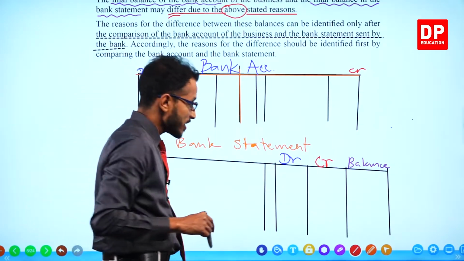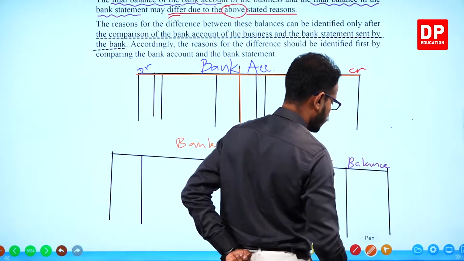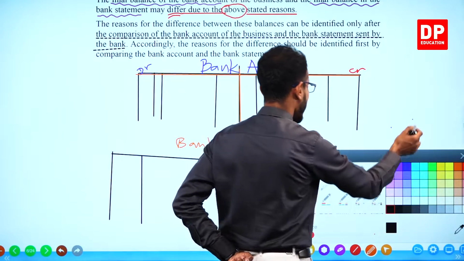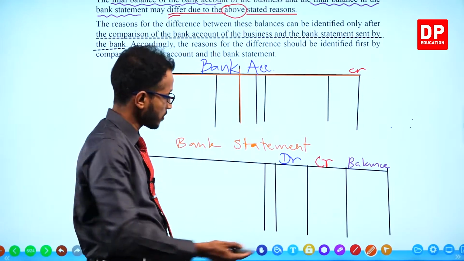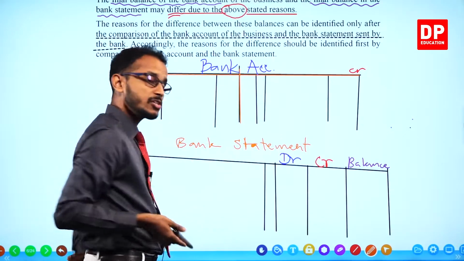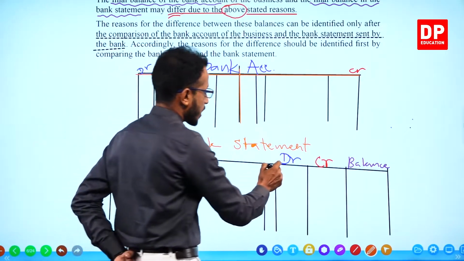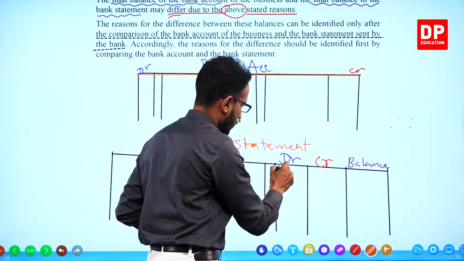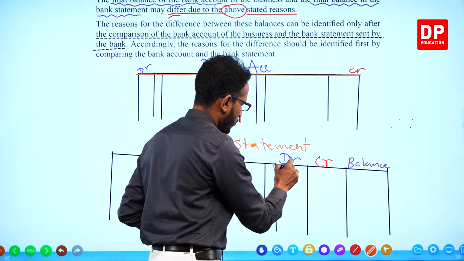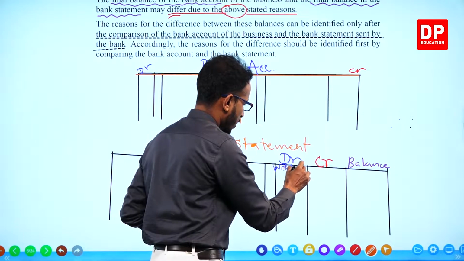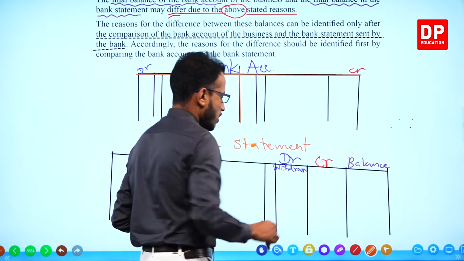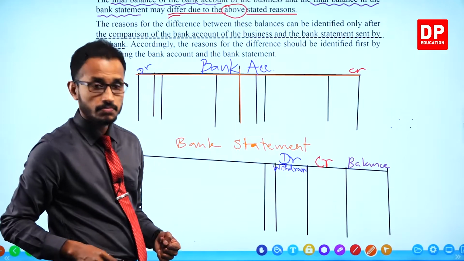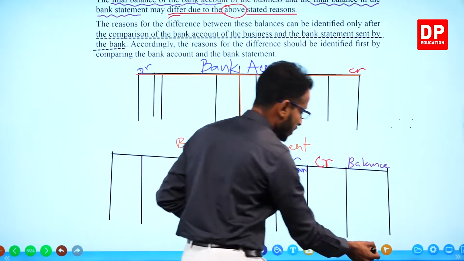I told you that in the bank statement, children, debit is for withdrawals. I will write withdraw because I don't have enough space here. Withdrawals. And the credit column is for deposits.